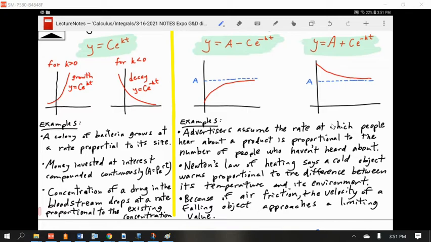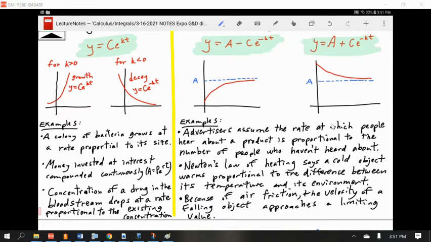In the book, it gives examples of these, and I read the ones on the left in class last week. A colony of bacteria grows proportional to its size. Money invested at interest compounded continuously grows at the PERT formula, which is Ce^(kt) or Pe^(rt), same thing.